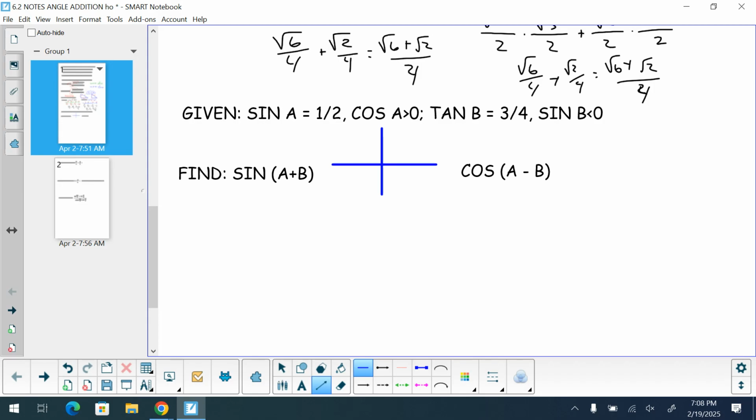I give you angles, and the key is the sine is positive, the cosine is positive, here the tangent is positive, and the sine is negative. So you need to know the quadrants and where your signs are positive or negative. Well, everything in quadrant 1 is positive.